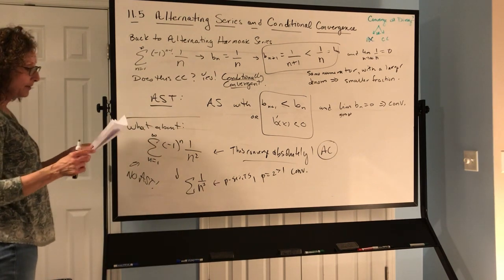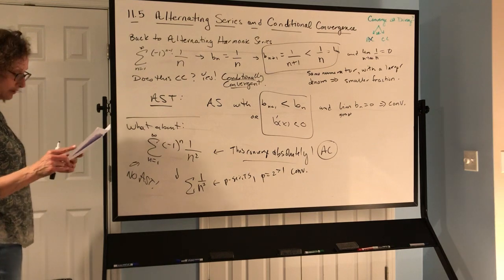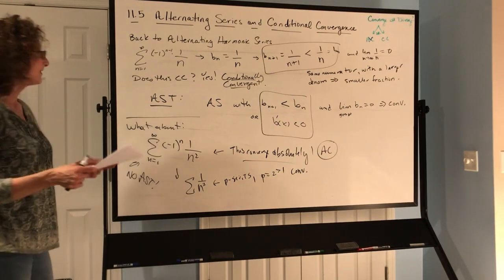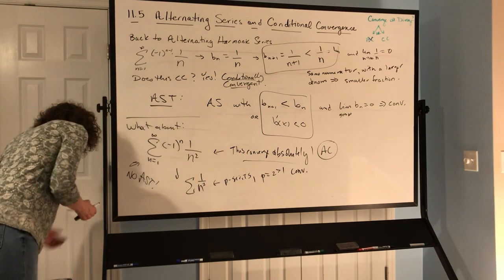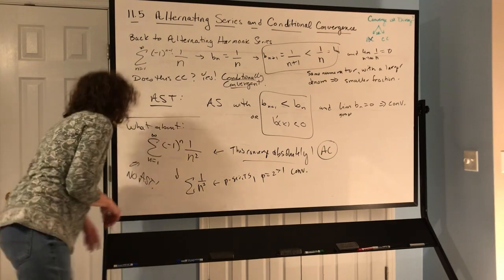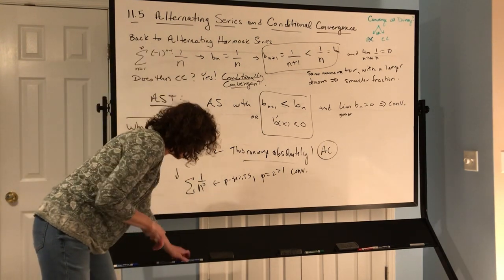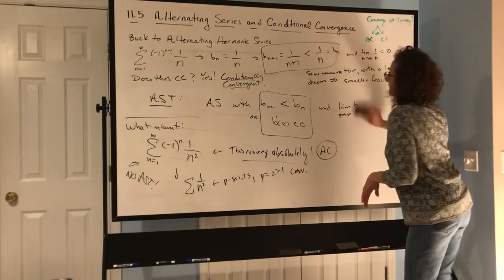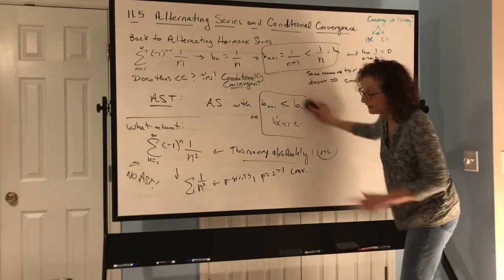What else is the alternating series test going to give us? It's going to give us some interesting, simple, easy error bounds. So let's look at that. It's just to see if you were paying attention.